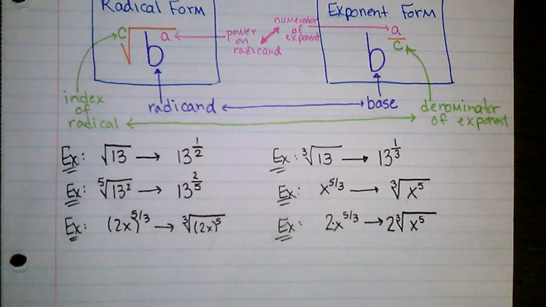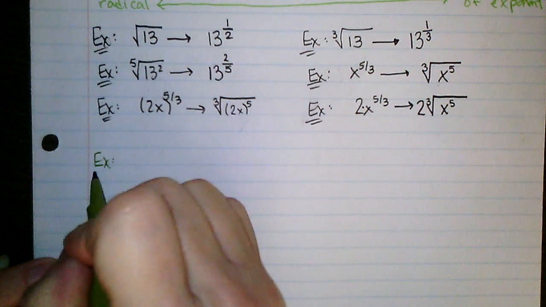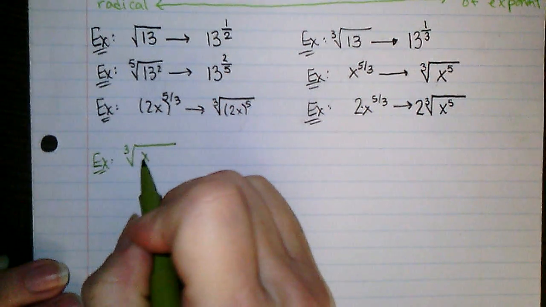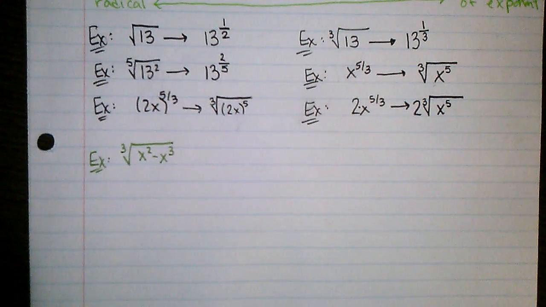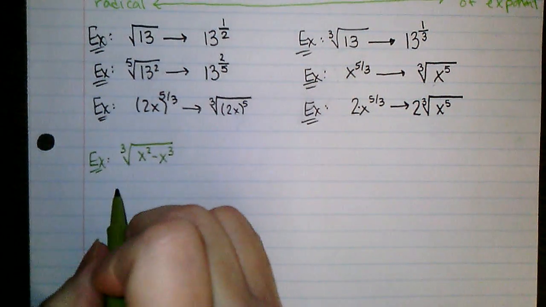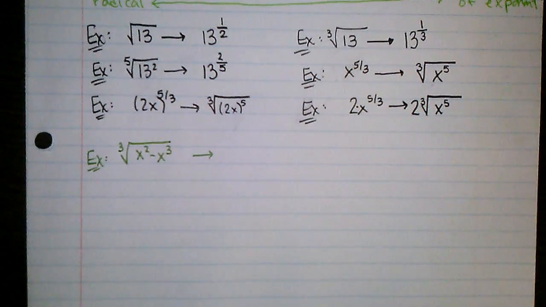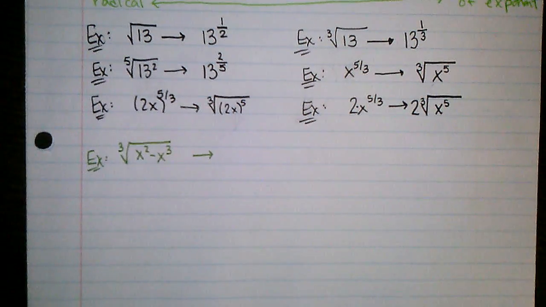Okay, now let's look at some more complicated problems. How about the cube root of x squared minus x cubed? So we're obviously going to be switching this into exponent form. So I need to know what is my radicand and then what is the power on the radicand. All of these problems up here only had one term inside the radical. This one has 2 terms inside the radical.